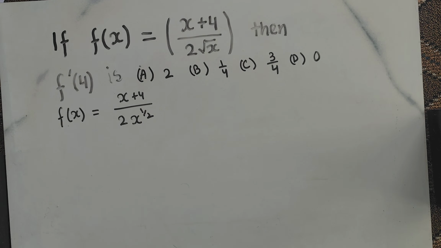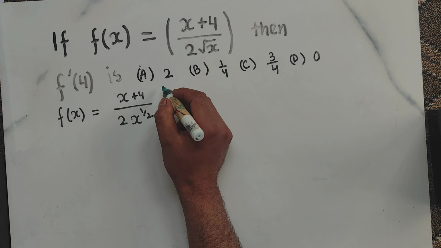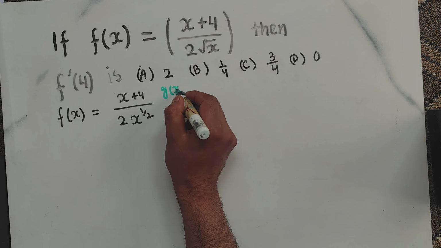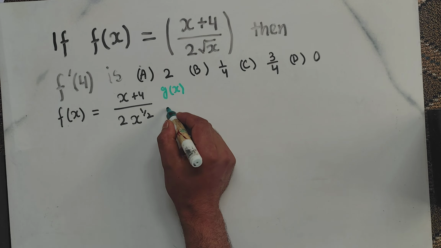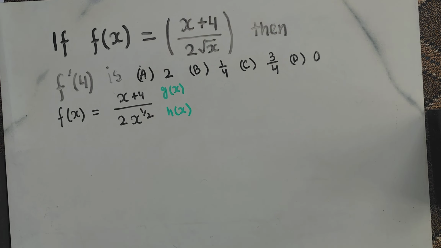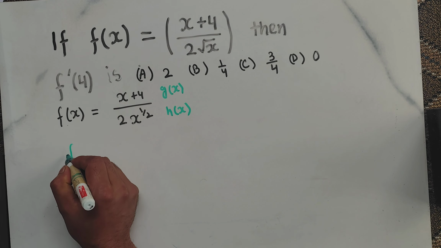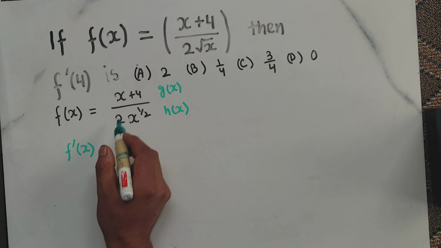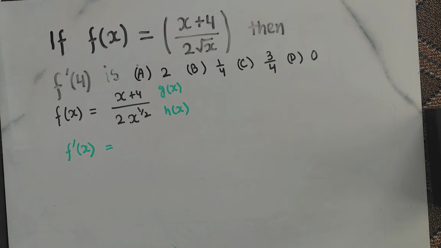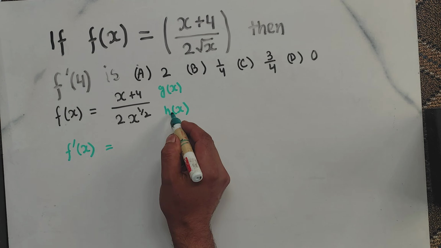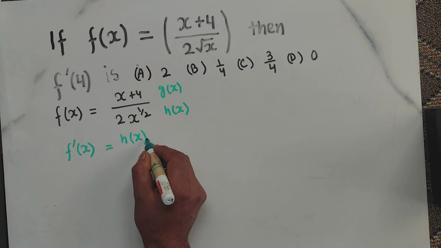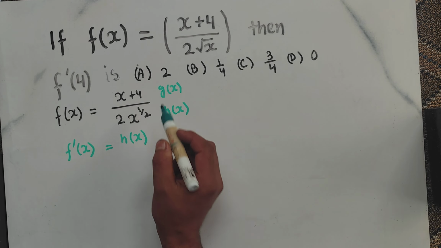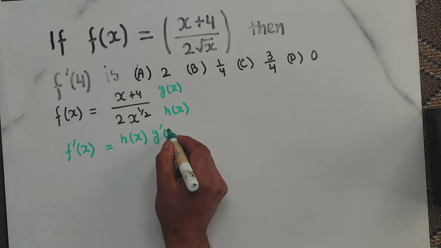Let us say the numerator is g of x, and let us say the function in the denominator is h of x. So if we apply the quotient rule of differentiation, f prime x, that is the derivative of this function with respect to x, will be equal to: we write the denominator function first, that is h of x, and multiply it with the derivative of the numerator function, that is g prime x.